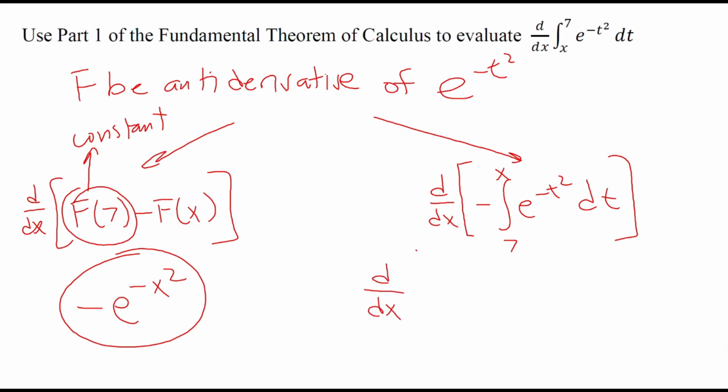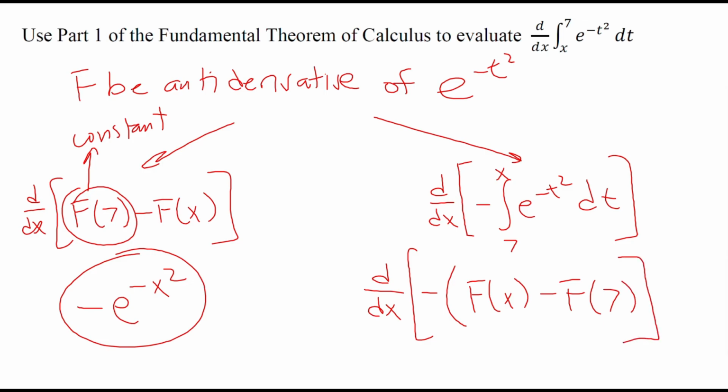It's the derivative with respect to x of the opposite of capital F of x minus capital F of 7. Oops, that's not a 7. And now, of course, this is still a constant, so its derivative is 0. And we just end up with negative the derivative of capital F, which is just negative e to the negative x squared.